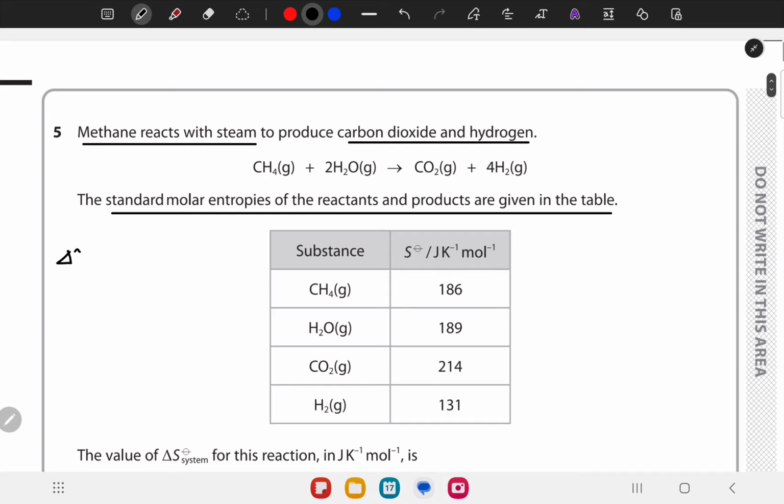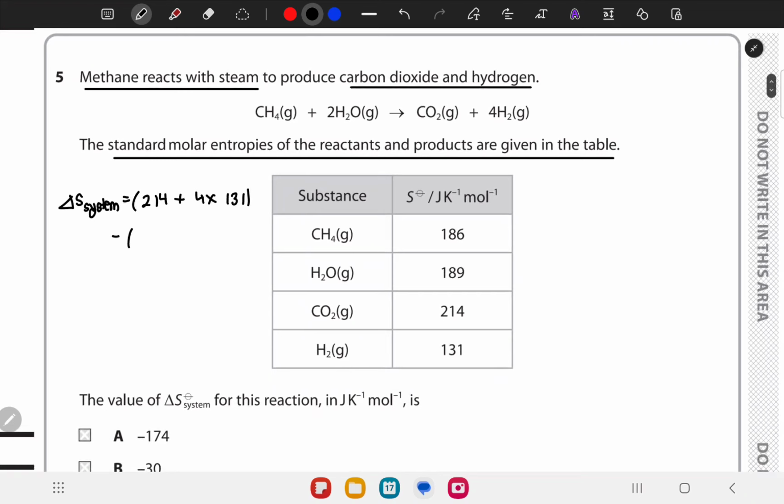So in this case, del S system, we'll have the standard entropies of the product, which is 214 plus 4 into 131, minus for the reactants we have 186 plus 2 into 189, so we'll have 738 minus 564.